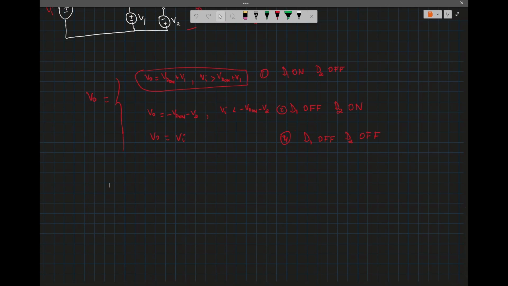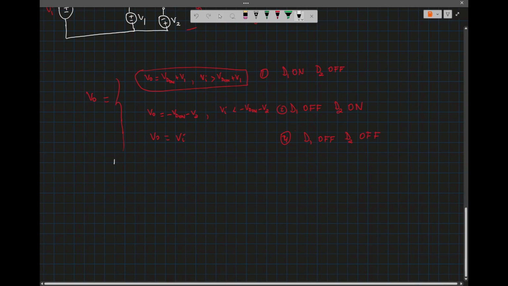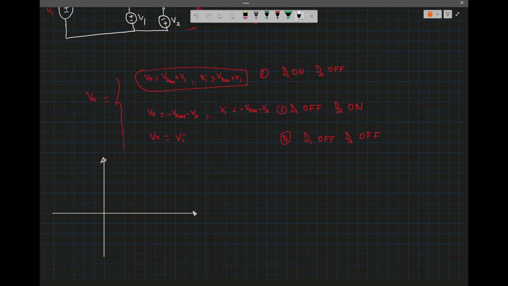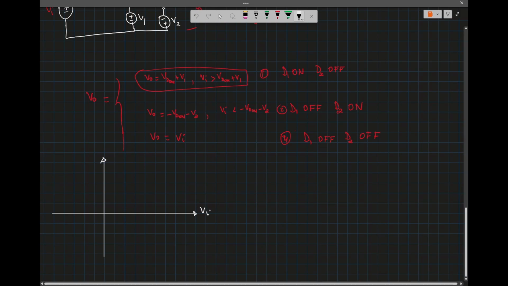Let me sketch as we have been doing it: the output voltage and the input voltage, and then the transfer characteristic. So this is VI, that's V0.